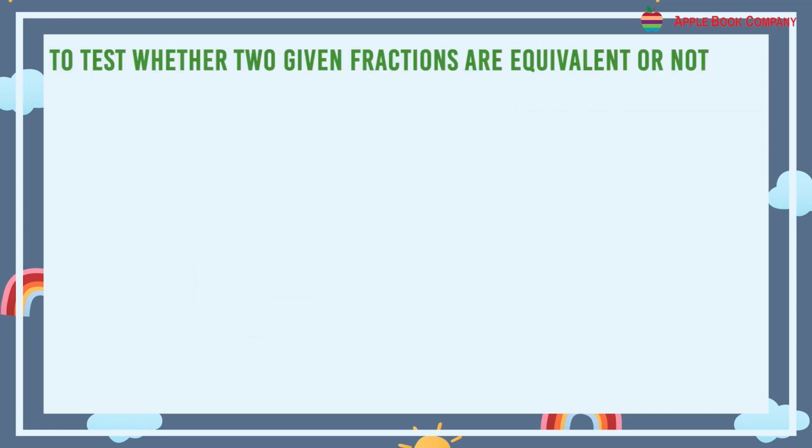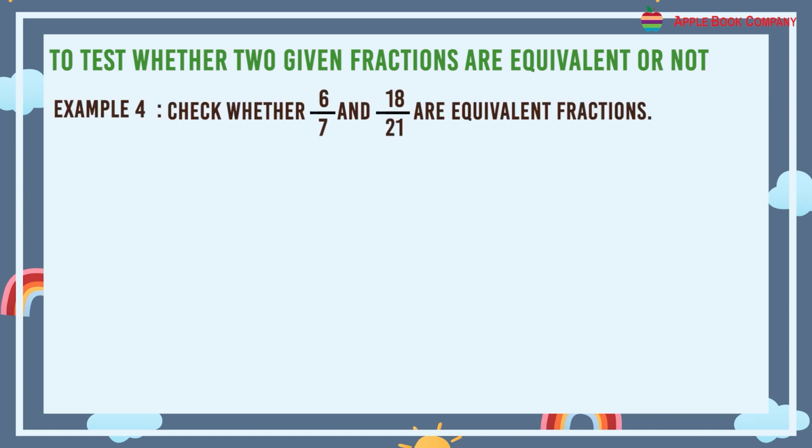To test whether two given fractions are equivalent or not: two fractions are equivalent if the numerator of the first fraction into the denominator of the second fraction equals the denominator of the first fraction into the numerator of the second fraction. Example 4. Check whether 6 by 7 and 18 by 21 are equivalent fractions.